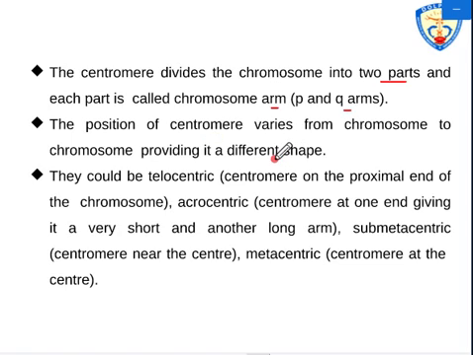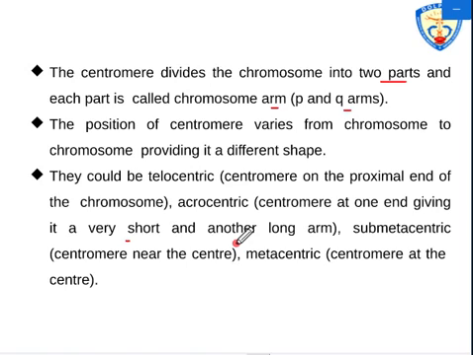So chromosomes, based on the position of the centromere, could be telocentric, where the centromere is present on the proximal end of the chromosome. Such chromosomes are also known as I-shaped chromosomes. Acrocentric, where the centromere is present at one end, giving it a very short arm. P arm is very short and the Q arm is very long.